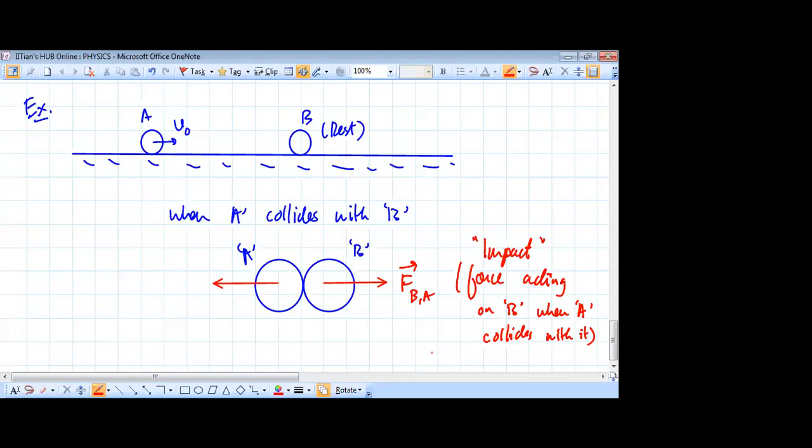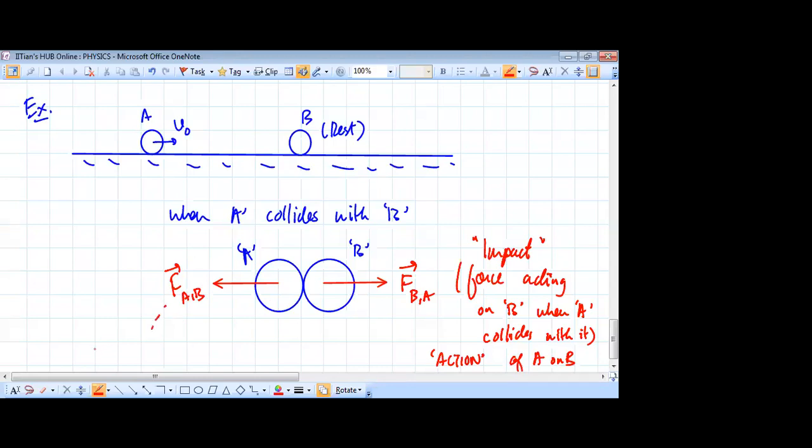So you can think of this as the action of A on B. Now this one will be the force acting on A because of B. So this is a reactionary force which is in the opposite direction.